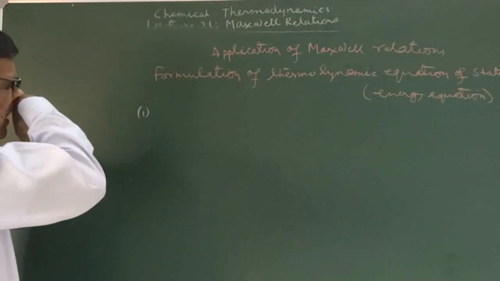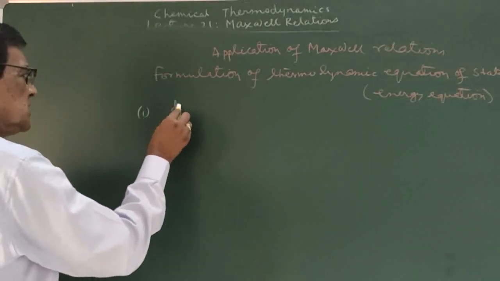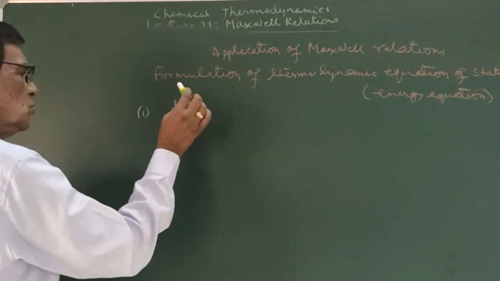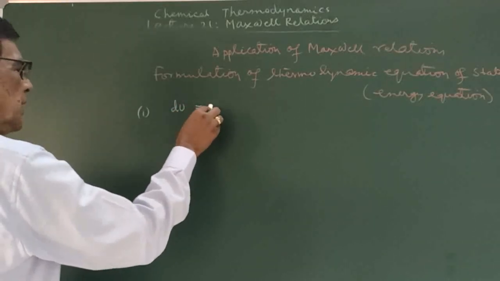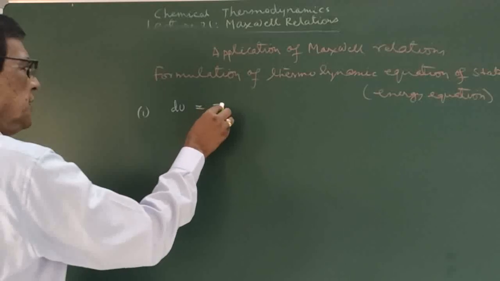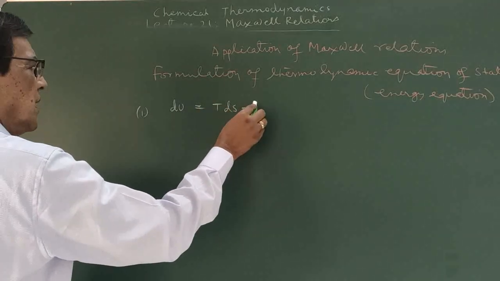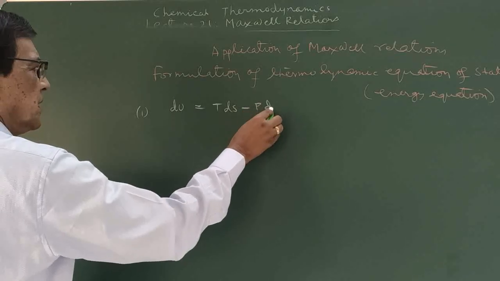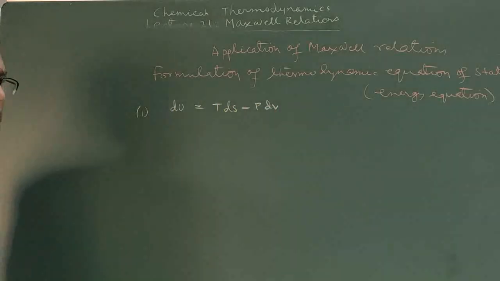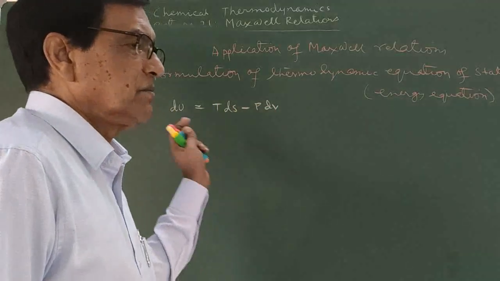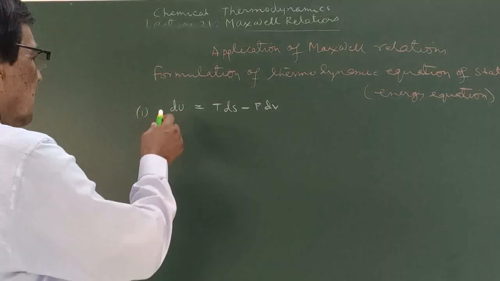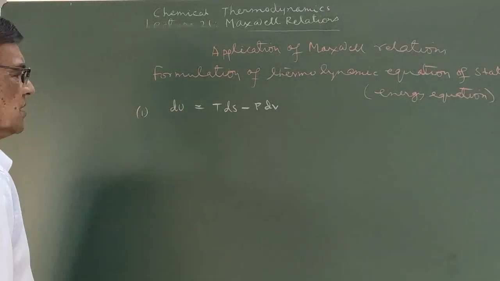Let us start with the basic thermodynamic equation, dU equal to T dS minus P dV. This is the first basic thermodynamic equation in terms of internal energy.